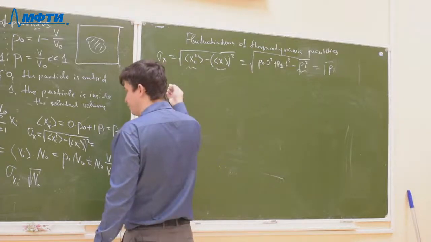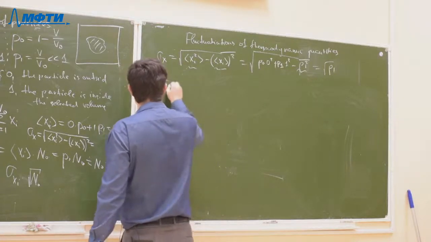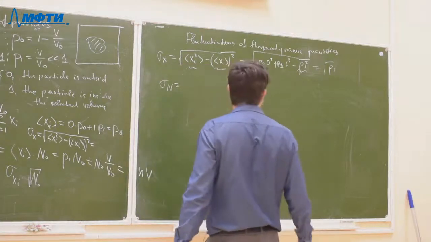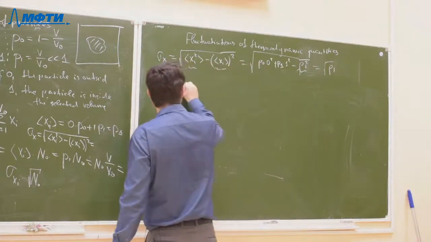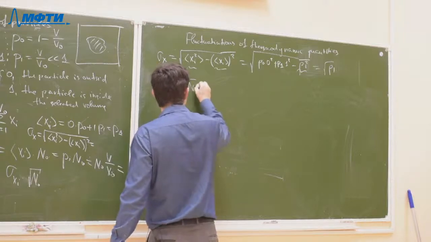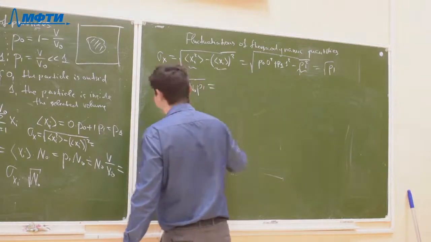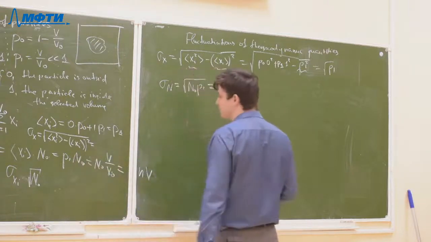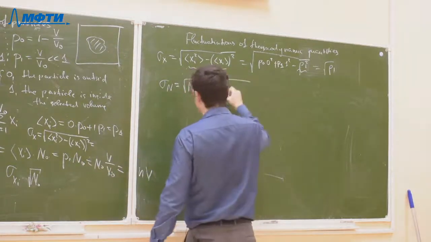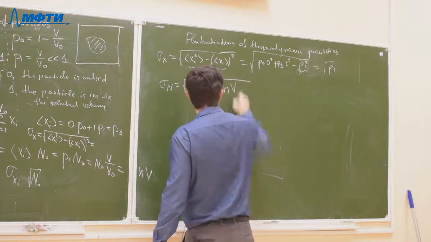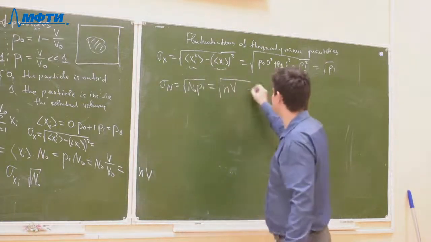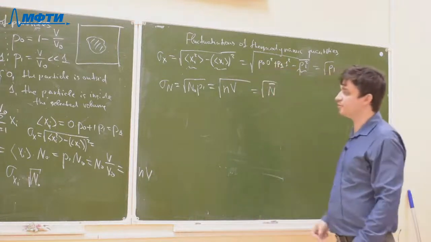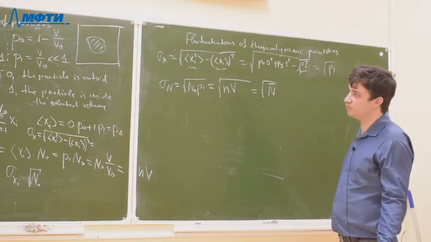So finally, for the standard deviation for the number of particles in the selected volume, we get the square root of N0 multiplied by P1. Again, P1 multiplied by N0, the same combination. And this is again equal to the square root of nV, which is the square root of the average number of particles in this volume.